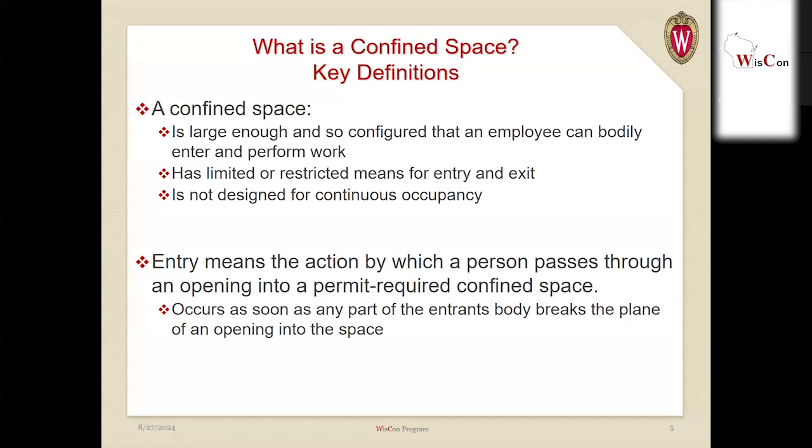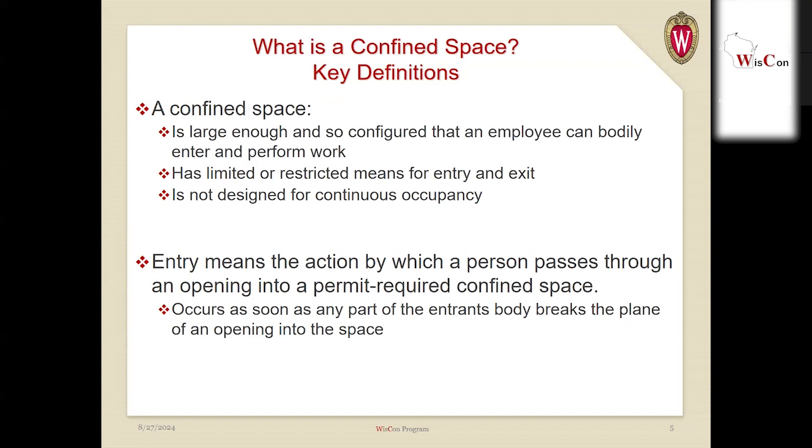And then one of the other things we think about for that limited means of entry or exit is, is there a non-standard entrance or doorway, if you will? Meaning, is there a manhole or a hatchway or an inspection port that makes that space only accessible by ladders or rungs or a hoisting device? So some of those can be really good indicators on that restricted means part for entry and exit.